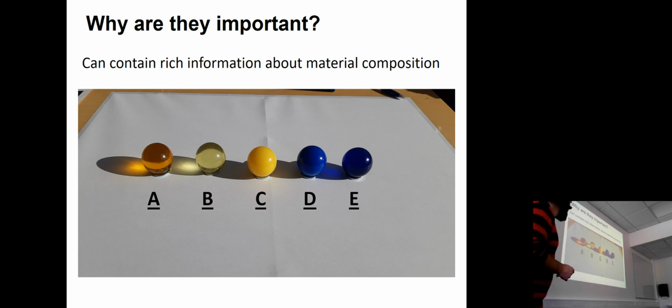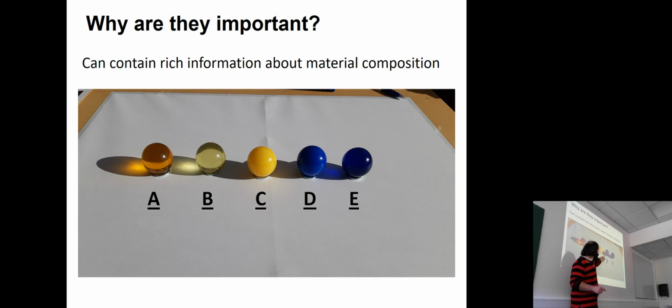So this one is the real objects that we have here in the lab, and this is from my experiment. And considering those shadows, you can see and conclude lots of things. First of all, you see that this is a kind of round spherical object. You see that part of the shadow is bright because it should be transmitting the light, while here it's very dark because you can guess that this one does not transmit any light.